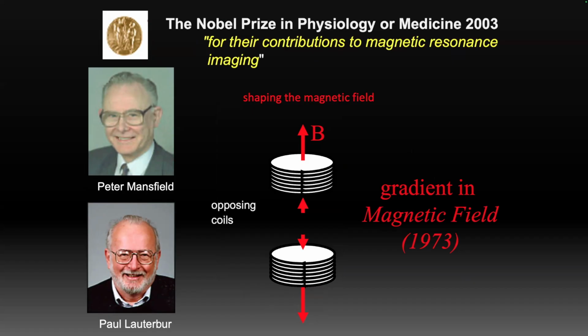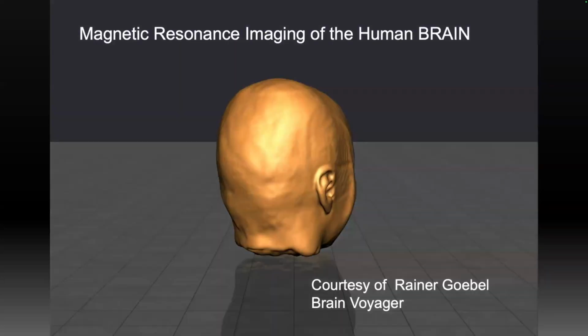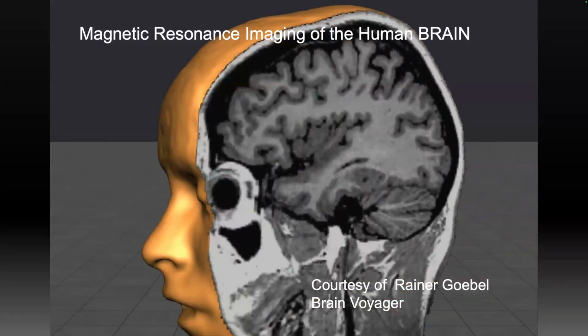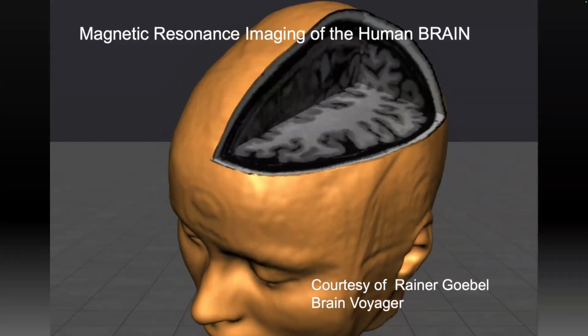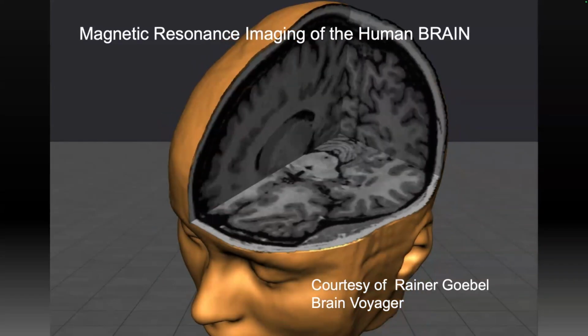And the idea that was unique here is to use magnetic field gradients to create an image. And as you know, there were many contributions to this idea, but Peter Mansfield and Paul Lauterbur got the Nobel Prize for that. And today, we all know that we can obtain these fantastic anatomical images.